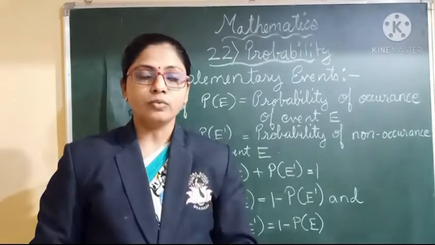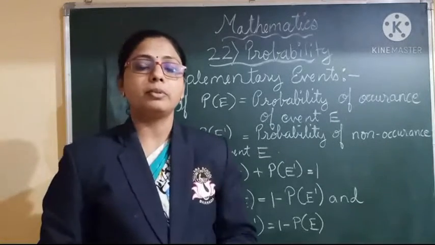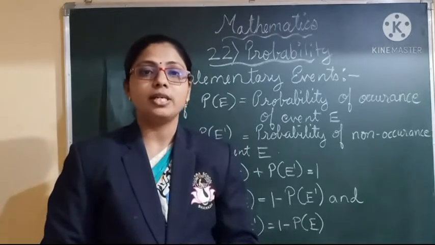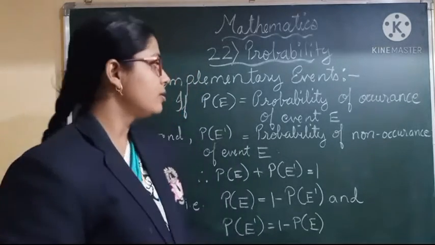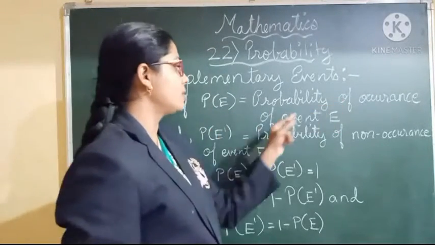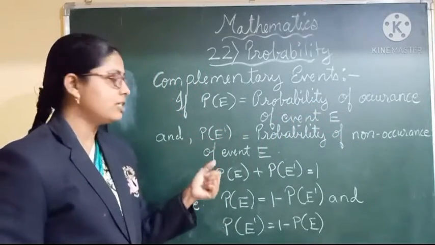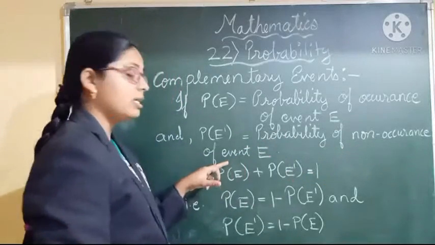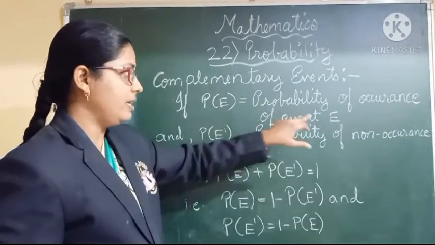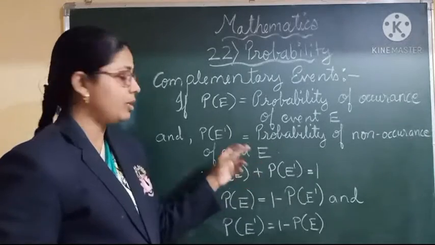Now let us have a look at the formula for finding the probability of an event and the probability of the event complement. If the probability of occurrence of event is P of E, then P of E dash means the probability of non-occurrence of event E. If the event is occurring, that means E, and if the event is not occurring, that means E dash.